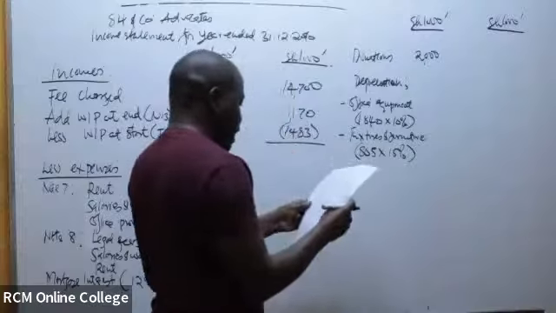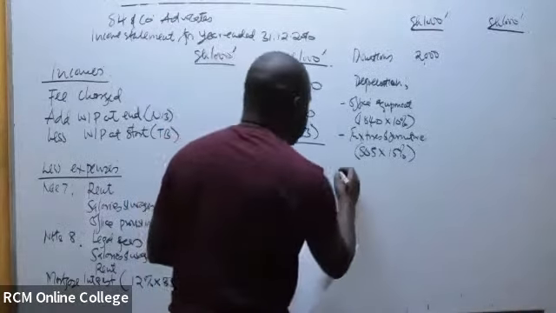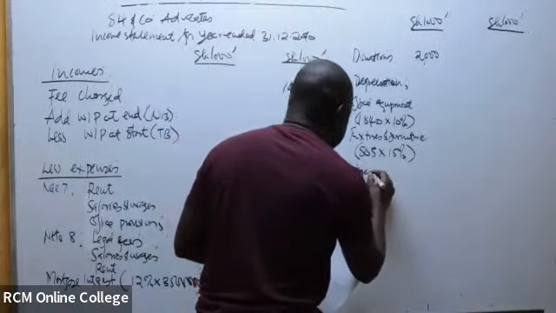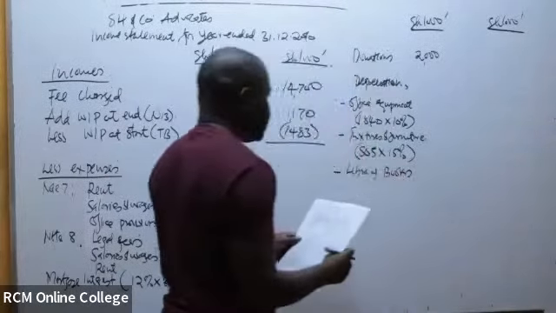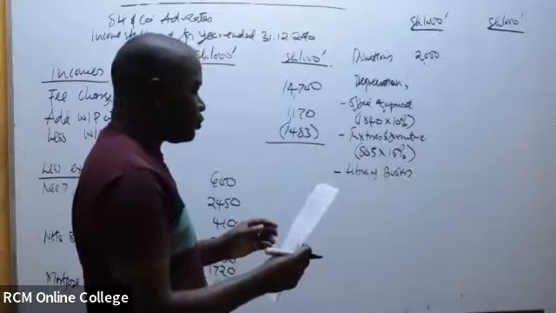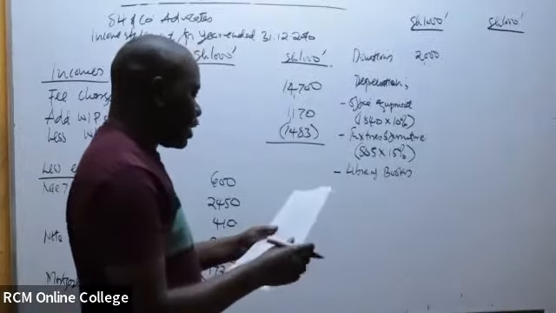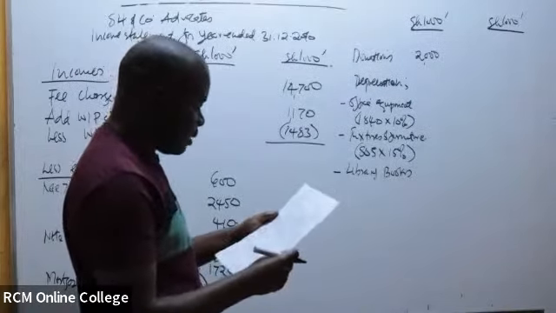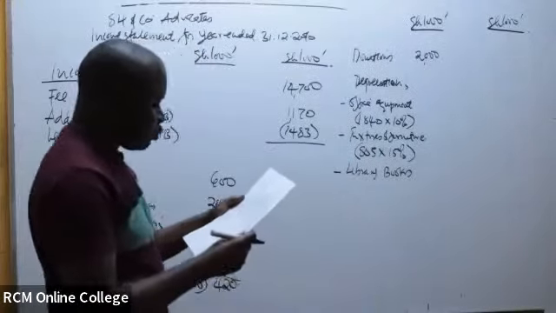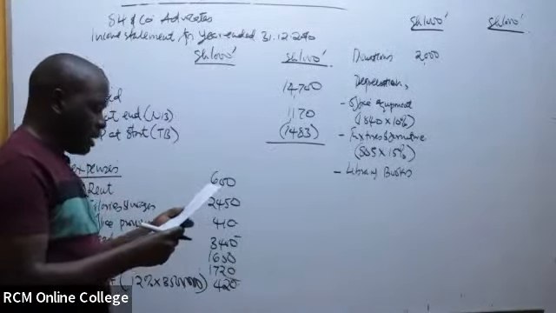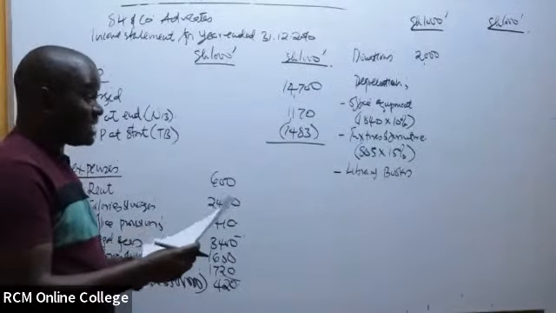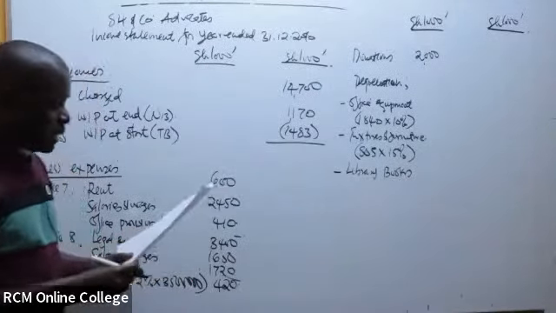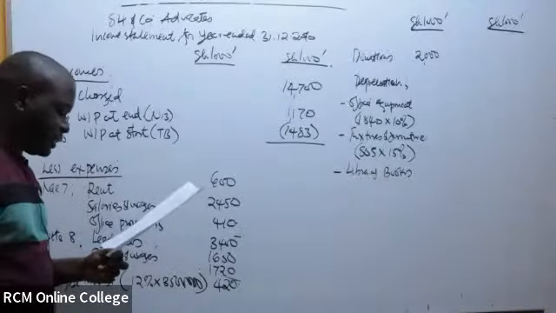Then we have library books. Library books were to be depreciated at 12.5%. If you look at the trial balance, the value of library books is actually 644. But remember, there were some additional books that were acquired as per note number 6.